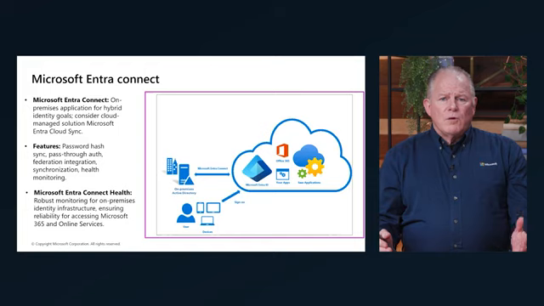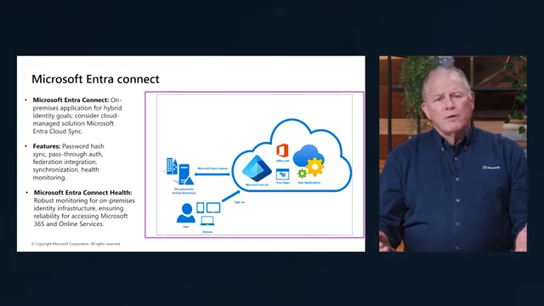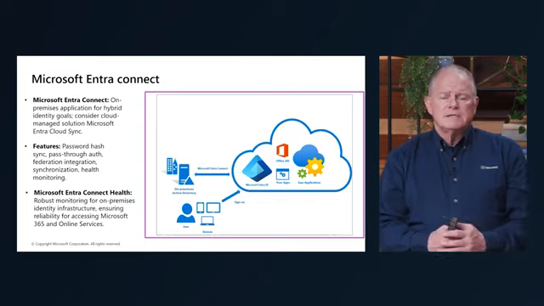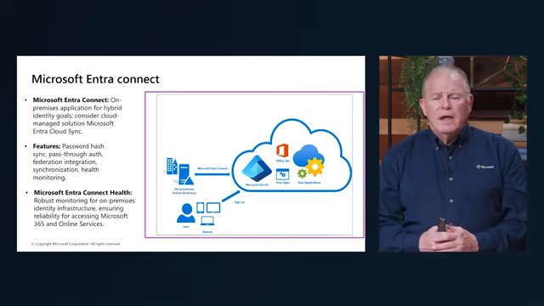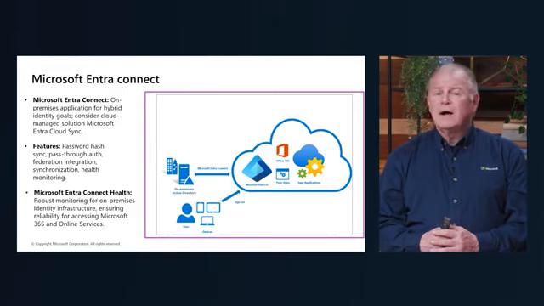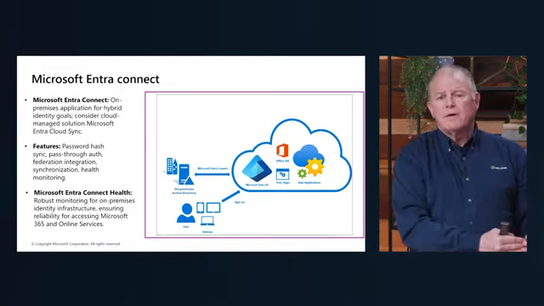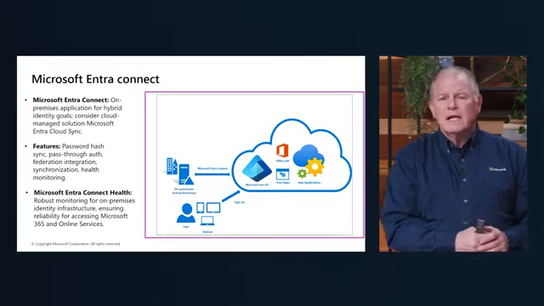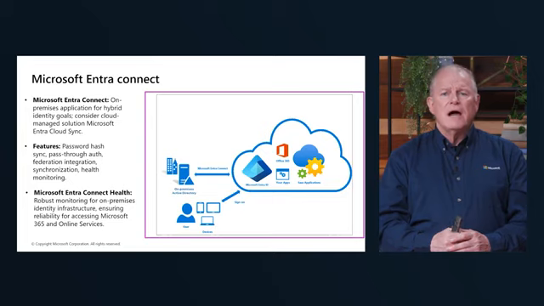Now, in your identity world, you're probably in what we refer to as a hybrid. You've got some stuff in the cloud, and maybe you still have some legacy stuff on premises. It would sure be a lot of administration to have to deal with two identity providers. You've got your identity provider on premises, maybe Active Directory Domain Services that you've been using for decades, and now you've got this thing in the cloud.